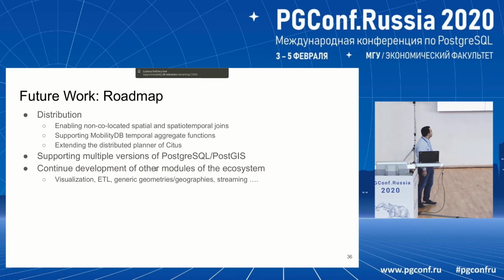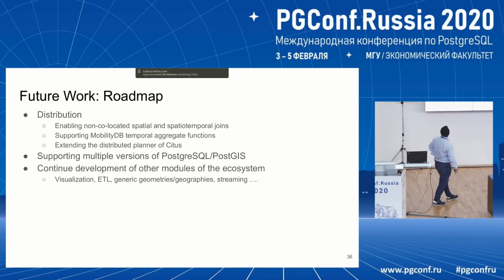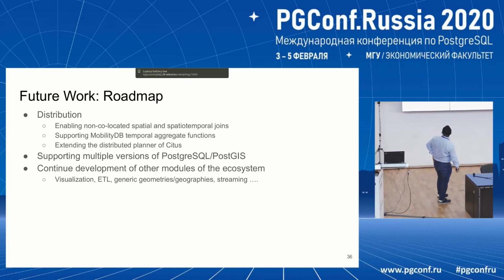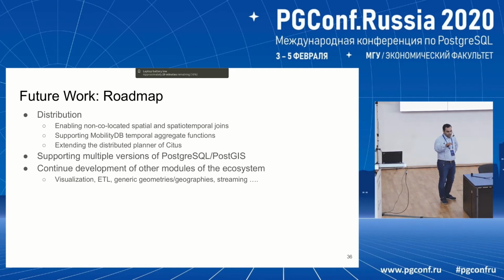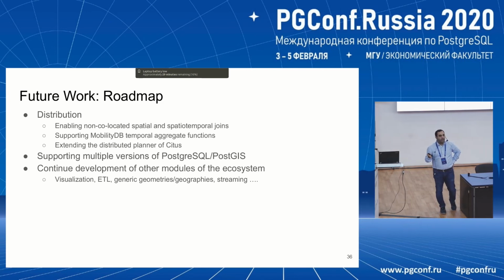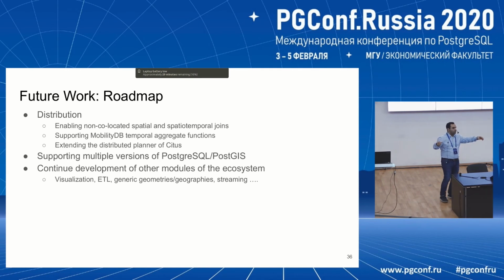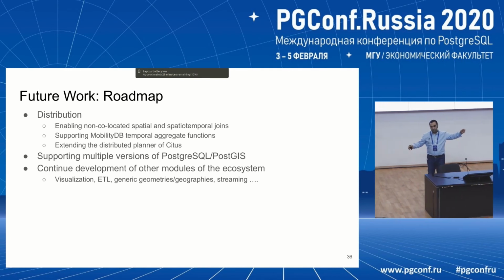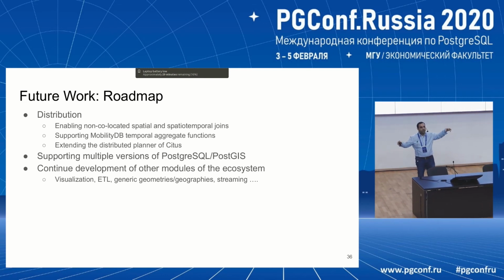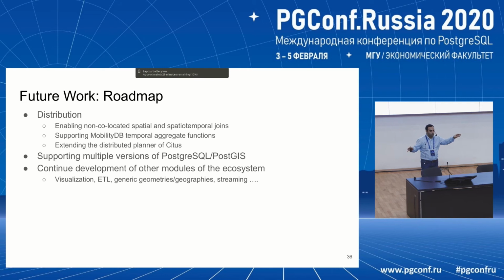Now what we want to do next, in terms of distribution, as I mentioned already, is integrating both MobilityDB and Citus. It works well for most queries, but there is a little class of queries that is not supported when you want to do non-collocated joins. You want to do spatiotemporal joins for shards that are not located on the same node.